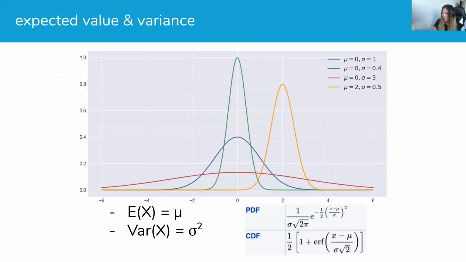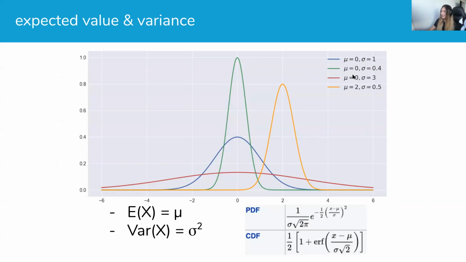So real quick, as I mentioned, these are all normal distributions with different means and standard deviations. You can see that these 3, the green, blue, and red one, all have a mean of 0, while the yellow one has a mean of 2. So you can see this yellow one is shifted to the side. Standard deviation basically shows you how spread out your values are.